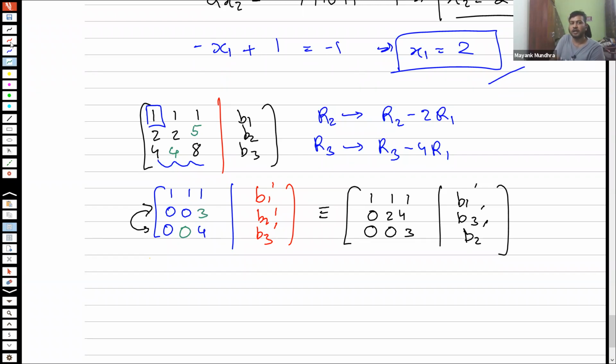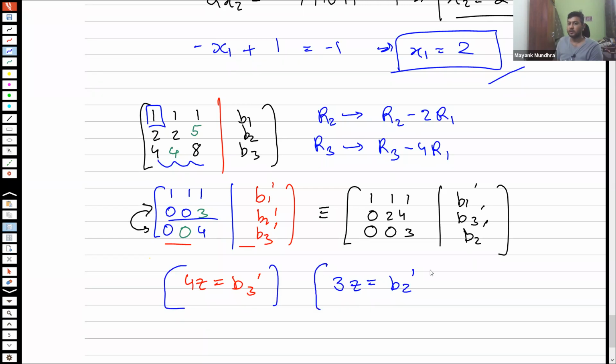Once you reach this format, the third equation becomes 4 times z equals b3 prime, and the second equation becomes 3 times z equals b2 prime. I'm assuming the equations have a unique solution, so b3 prime by 4 should be equal to b2 prime by 3. This should be the relationship between b2 prime and b3 prime.